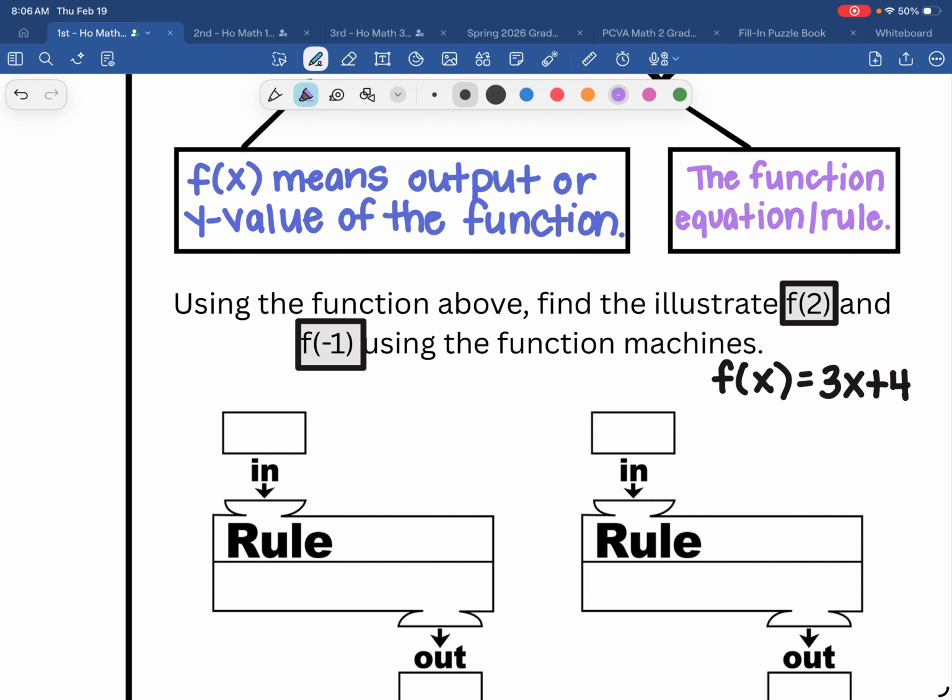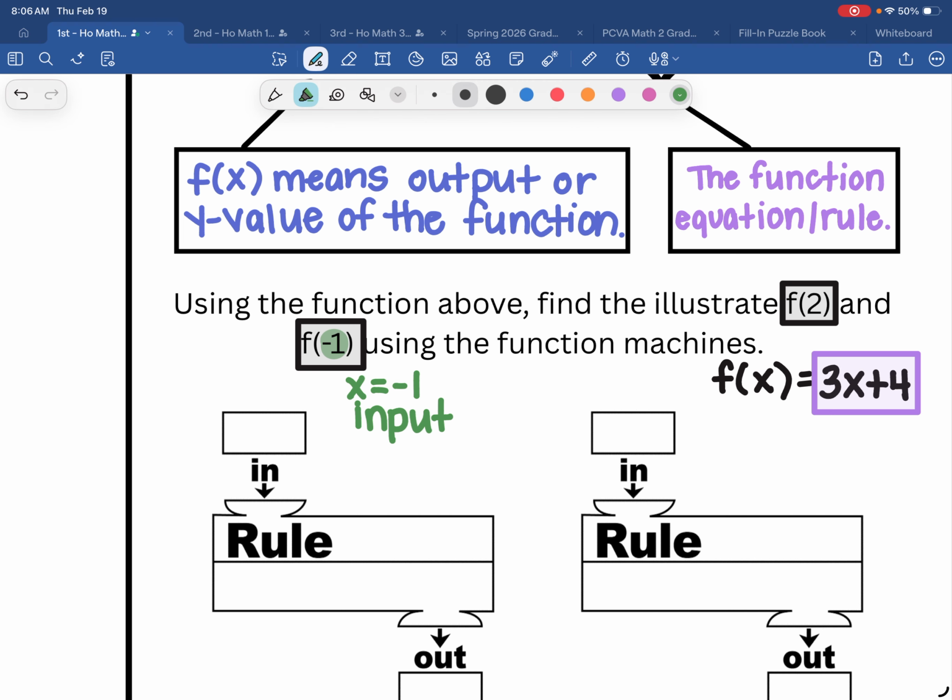So if I'm finding f of negative 1, what's in the parentheses is the input. So again, what's in the parentheses is the input. So we are now able to say that x is going to equal negative 1. That's the input. Okay, so we're going to focus on the function itself, not the name of the function.